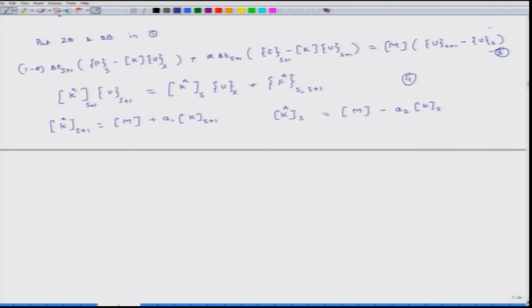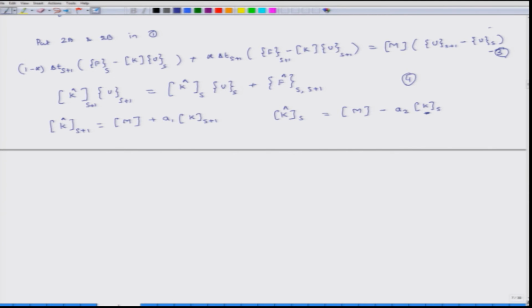Now, if K is not changing with time, then it does not matter, but here we have said that this K matrix, not K hat, can change with time. If K is changing with time, then we have to calculate K hat at s and K hat at s plus 1, and we have to plug it in.